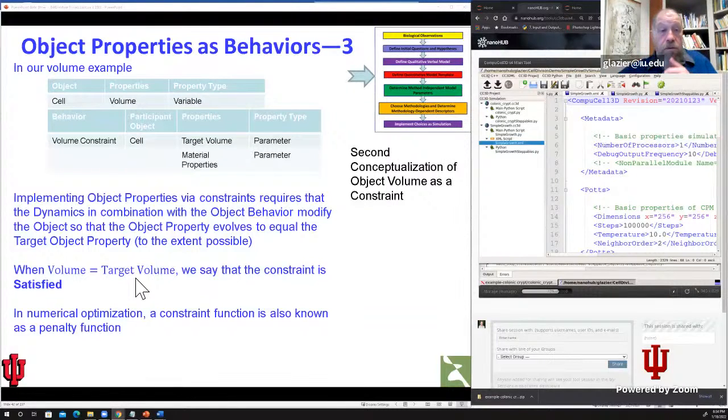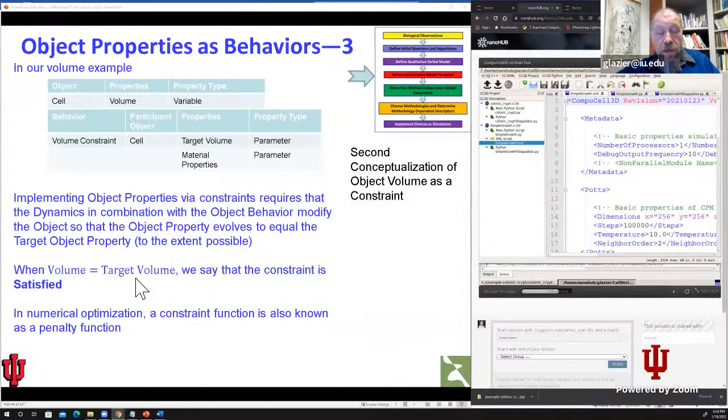And this would be true in biology as well. A cell might by itself go through a cell cycle and divide, but be in a situation where it can't divide. It's under pressure, it has contact inhibition, something else is preventing it from dividing. And so this idea that there is some intrinsic thing that the cell is trying to do that may be changed by its environment is something that's very biological.